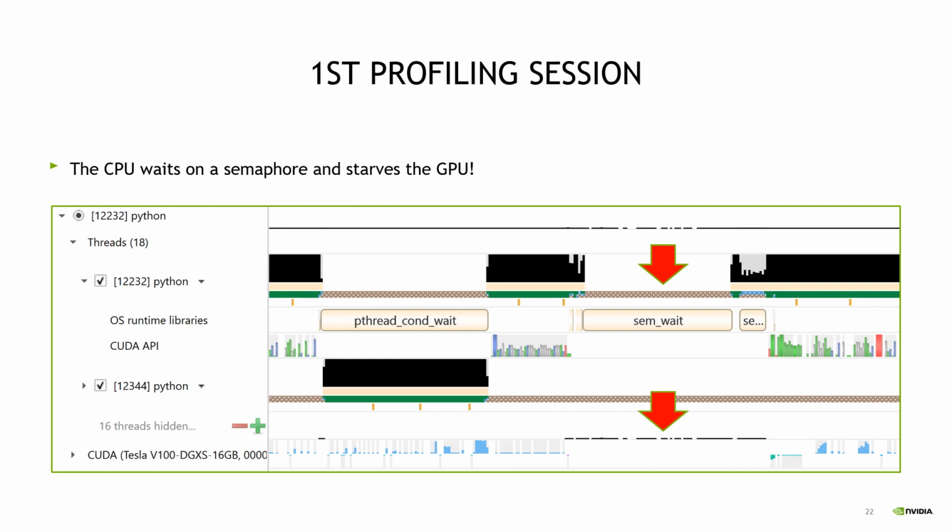If you launch that command, this is what you get. Basically, you can understand what the application is doing, and in this case, the CPU is waiting for something to happen before feeding the GPU.